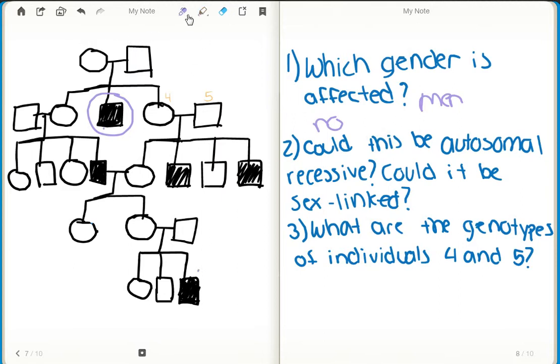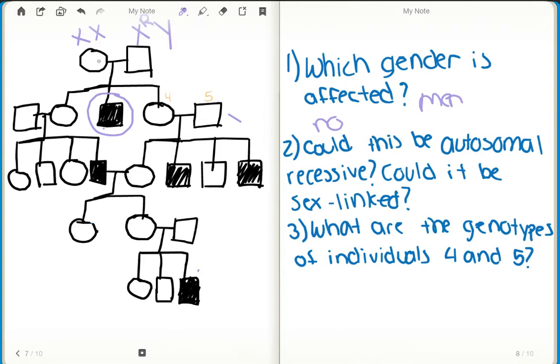And then, could this be sex-linked? Let's see. We know that the mother has to be XX and the father has to be XY. And since traits are only carried on the X chromosome, and if it is recessive, as it is, otherwise women would be affected as well, we know that the genotype of the father has to be XRY.